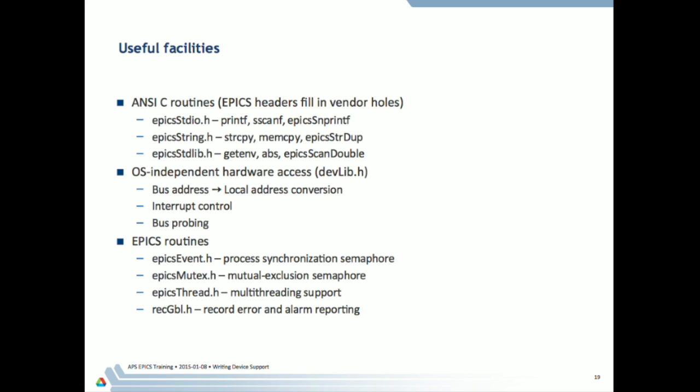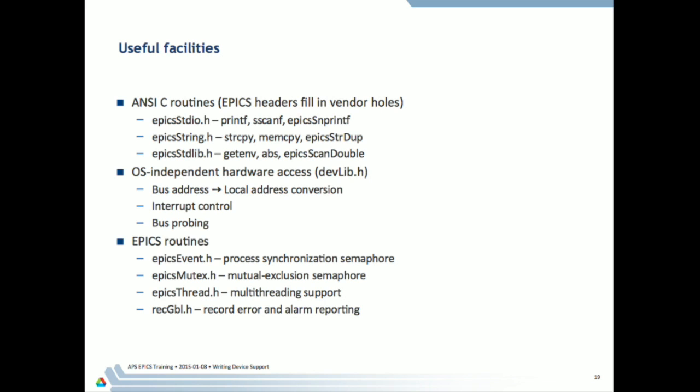If you use the EPICS stdio.h instead of the operating system stdio.h, then we actually replace printf and scanf, and we provide you with an epicsSnprintf, which isn't available on all operating systems. The snprintf is not available everywhere. And you can do redirection: the IOC shell redirection then works with the printf if you use this instead of standard IO. We provide the usual string copy, mem copy, and so on, all the usual stuff that's useful, and stdlib available for scanning and so on.